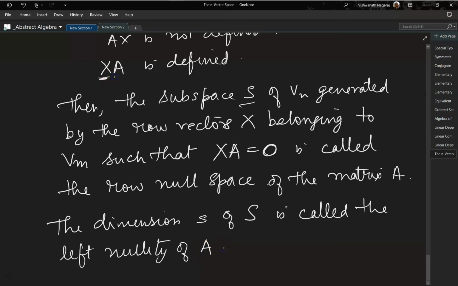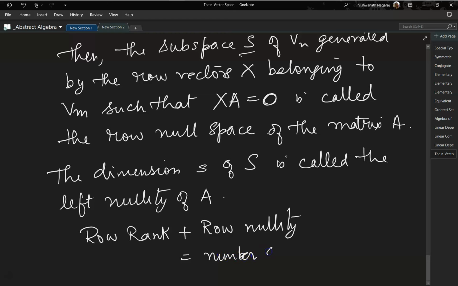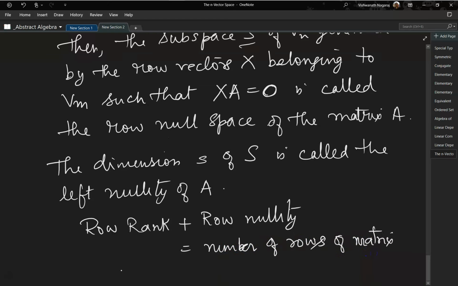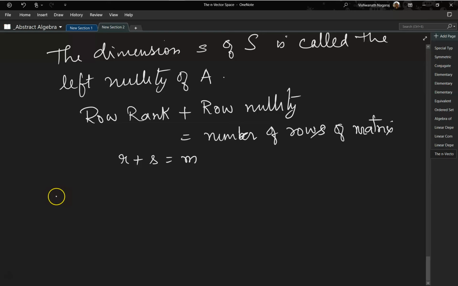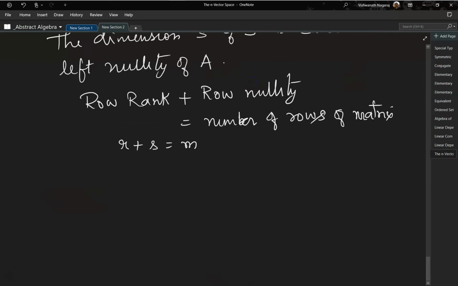Because it is being pre-multiplied. So what this basically boils down to is that the row rank plus the row nullity will give you the number of rows of the matrix, or we can say R plus S is equal to m. So you might be wondering, if there is something called left nullity, there must be a right nullity also. Yes, so let's look at that.